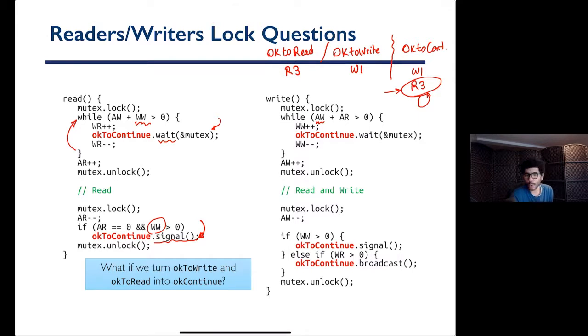Now, you could potentially have a condition variable that ensures first come, first serve. So if you're the first who waited, then you're going to be the first one who is going to be signaled. But that's not guaranteed. If you're using different thread libraries, that's usually not guaranteed, right?